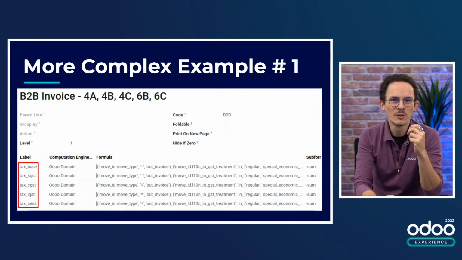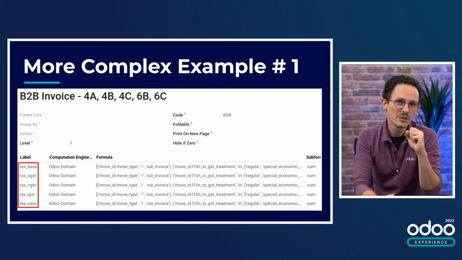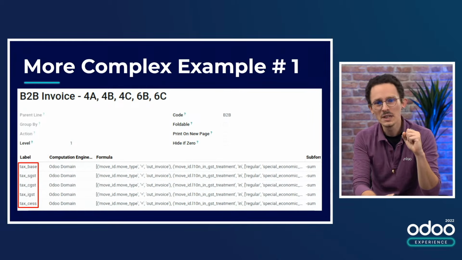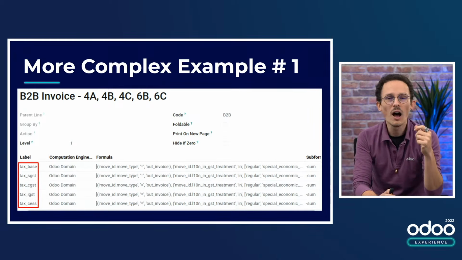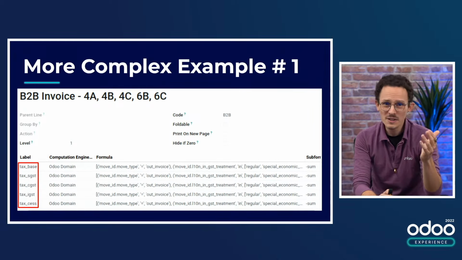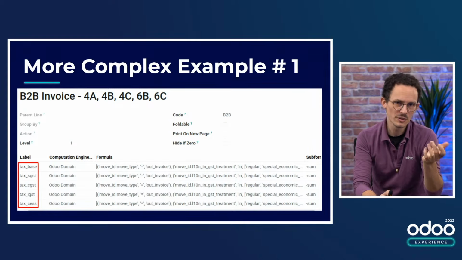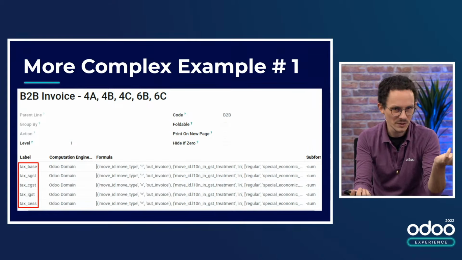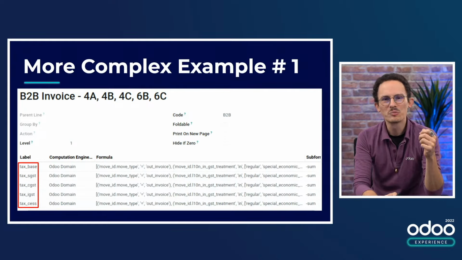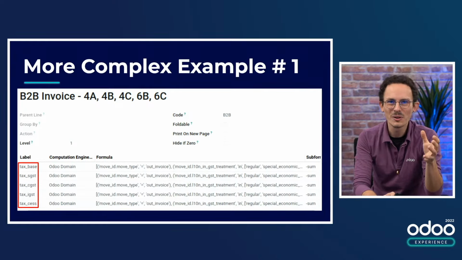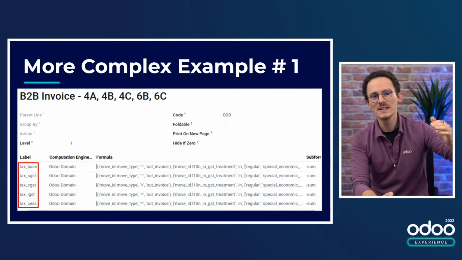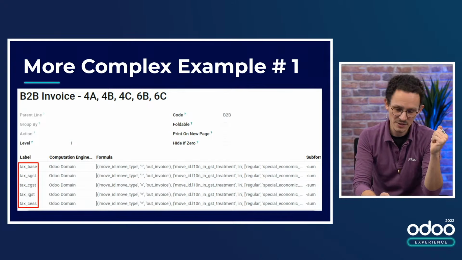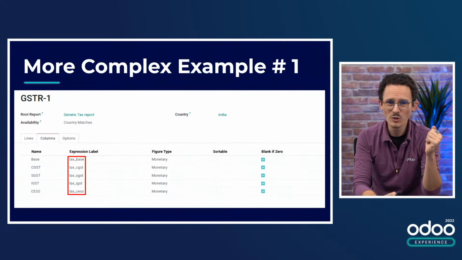So let's get to the more interesting things. So here is a report line coming from an Indian tax report, okay? And you can see that it defines multiple expressions. And each of these expressions has a different label, of course, because these are different variables, so you give them different names. And what is it used for? Basically, this report has multiple columns. And you can see that the label given to these expressions are actually also on the columns.